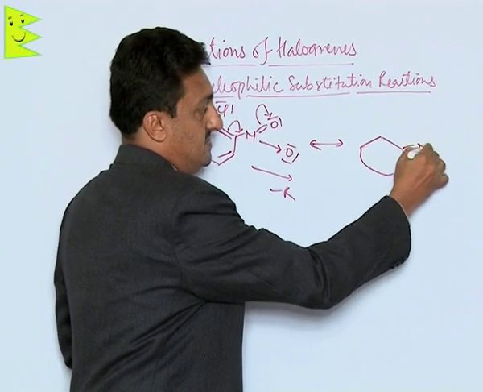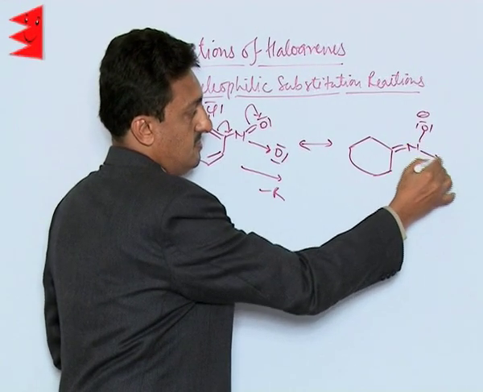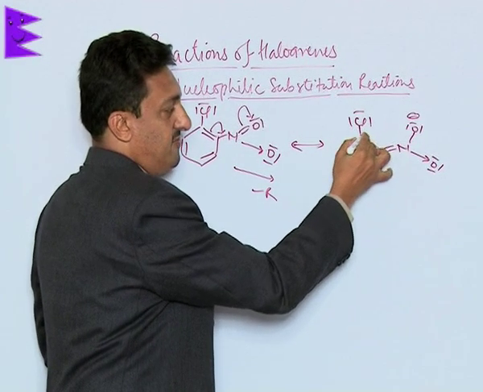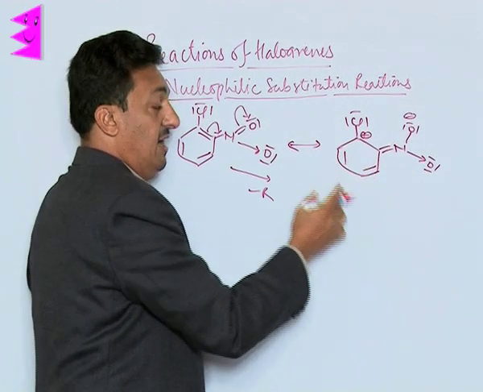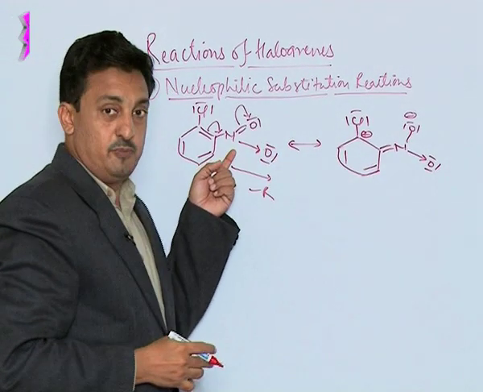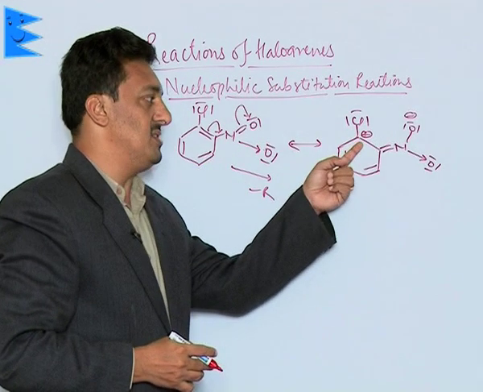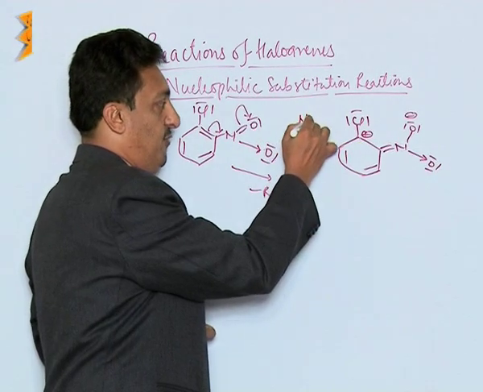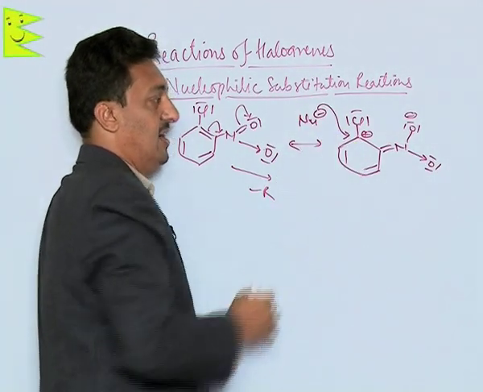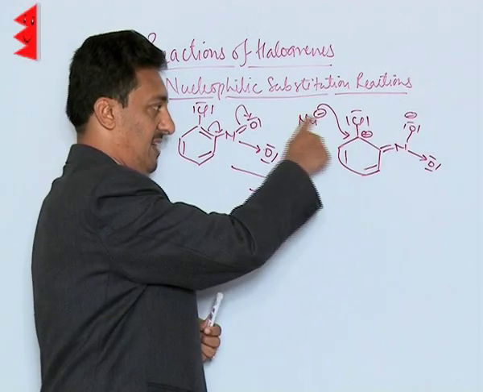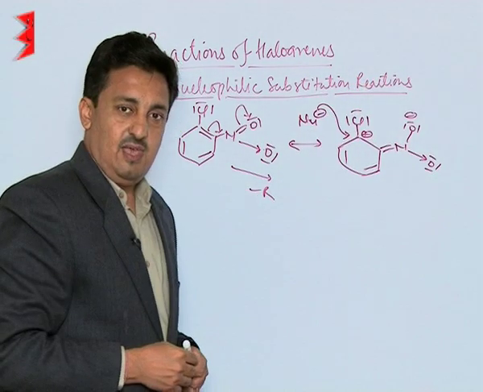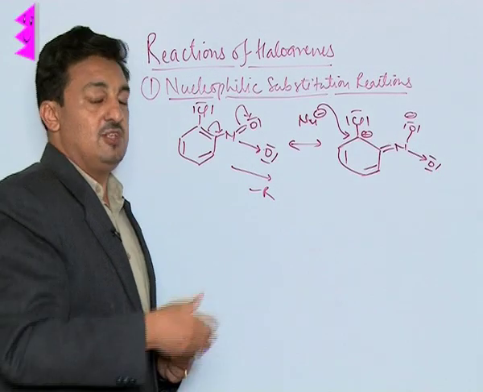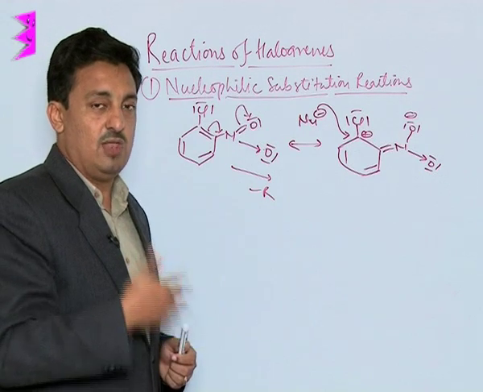Due to this positive charge which is created on the benzene ring, if the electron withdrawing group is at ortho position, the positive charge falls on the carbon atom which is having the chlorine or a halogen. As a result, the nucleophilic attack becomes much easier to take place, and that is why it is able to replace this chloride ion. And that is why the moment we have one nitro group or two or three at ortho and para positions, the nucleophilic substitution reaction becomes much easier.